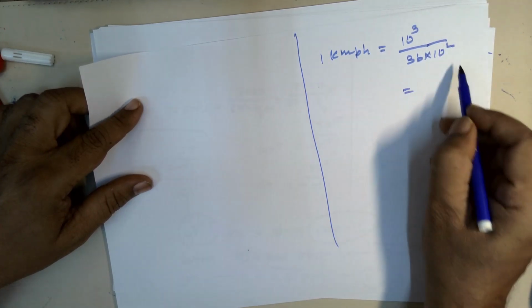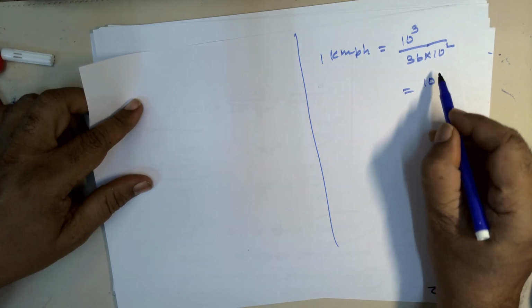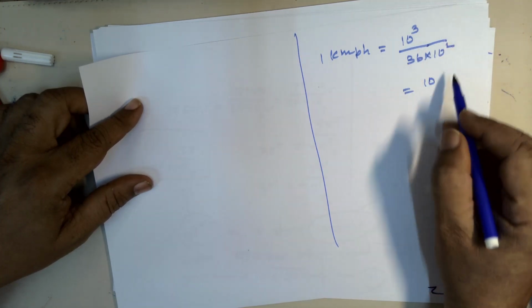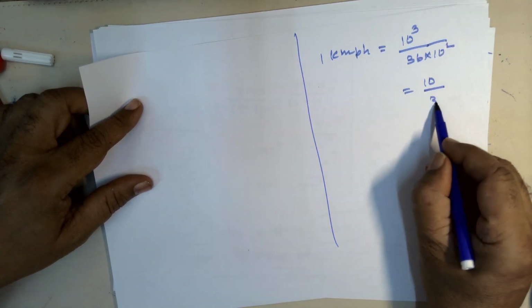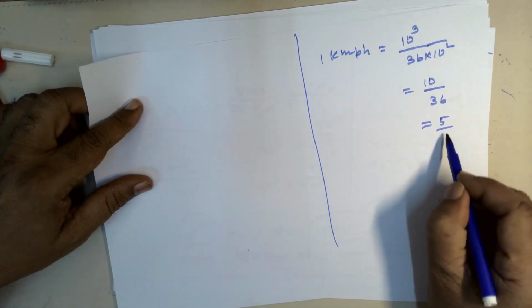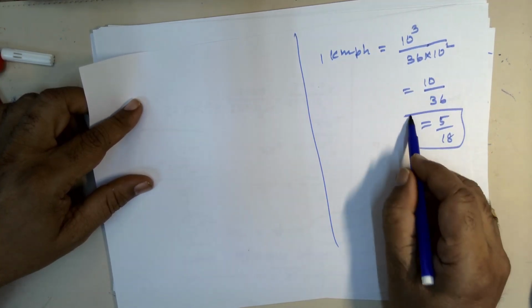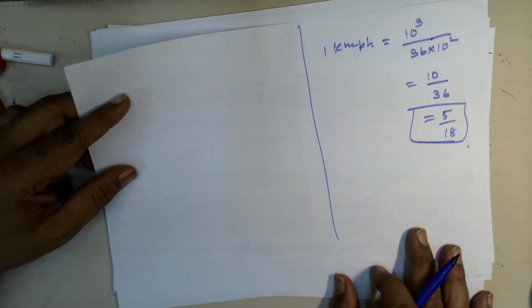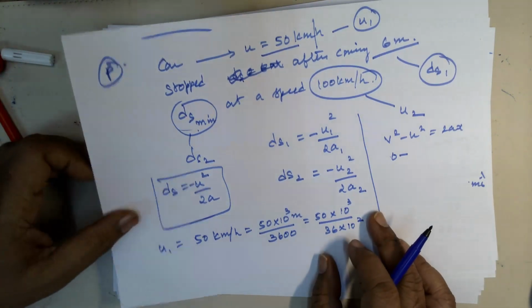So 10 power 2 cancels there, so 10 divided by 36, it means 5 by 18. So the factor is 5 by 18. So you can multiply by that 5 by 18 also. Do you understand? Okay. Otherwise, you have to go like this.